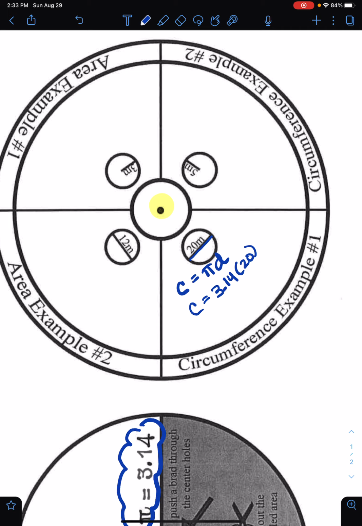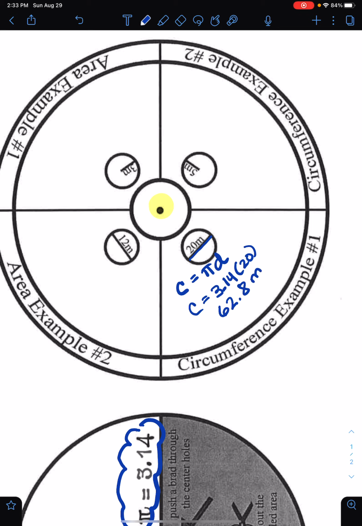Remember, you are allowed to use a calculator as long as you show all of your work, and this is enough work, what I've just written down. So 20 times 3.14 is 62.8. It's meters because it's the distance around a circle, not the space inside, so we don't have to square that unit. It's just 62.8.